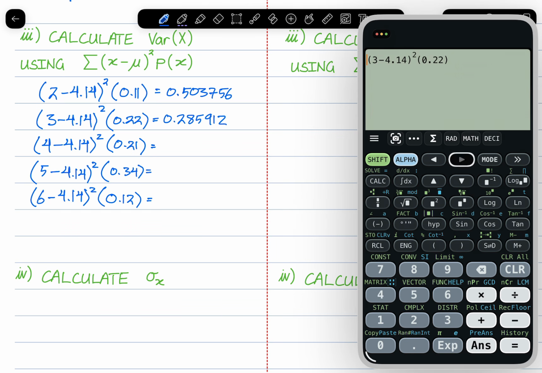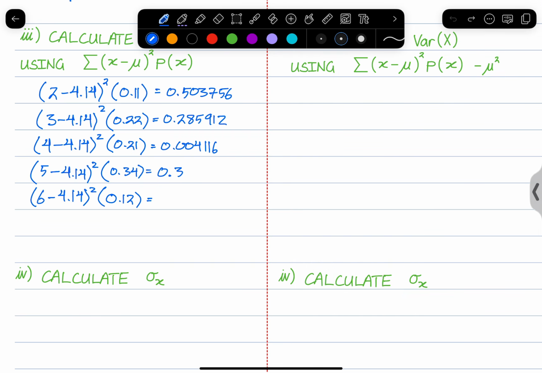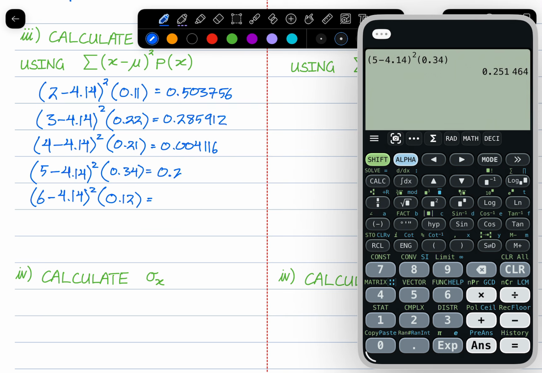So from this point, just a bunch of calculator work. The next value gives 0.004116, then 5 times 0.34 gives 0.2251464, and lastly 6 times this gives 2.415152.